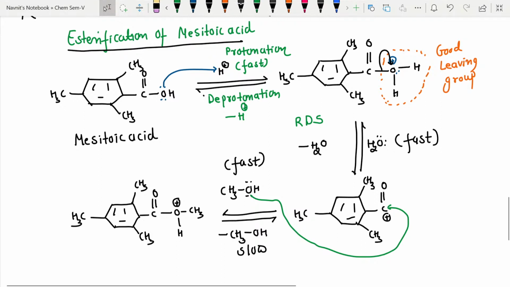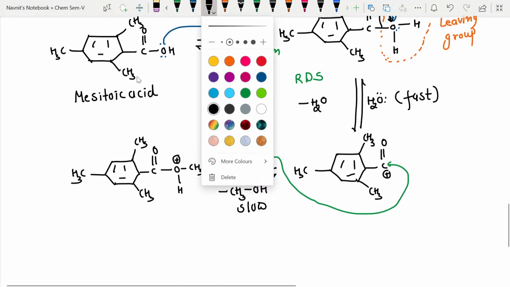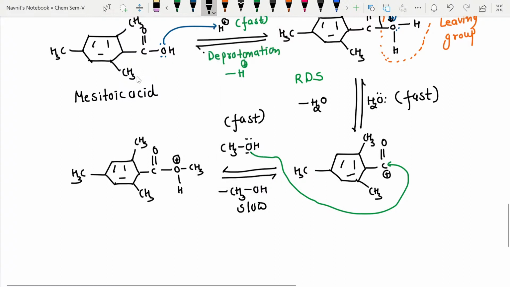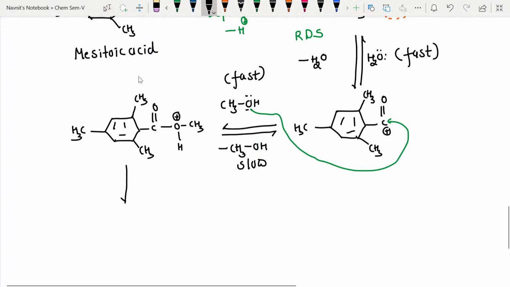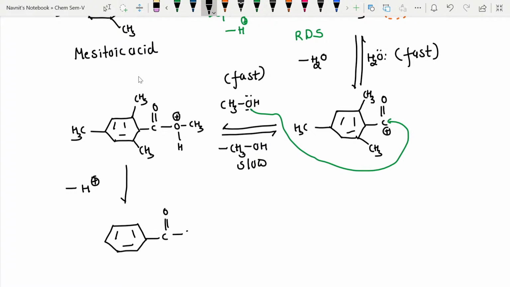The last step is deprotonation: elimination of H plus gives the ester.